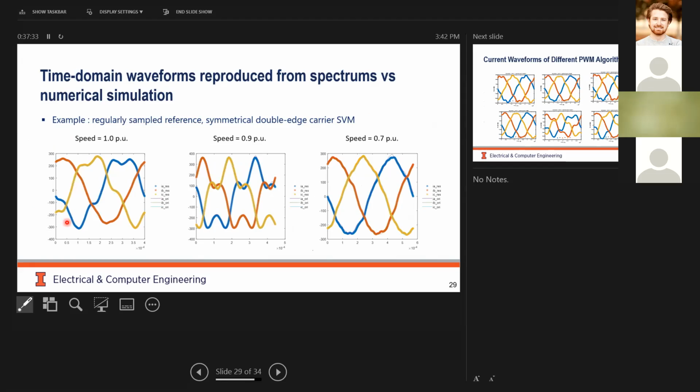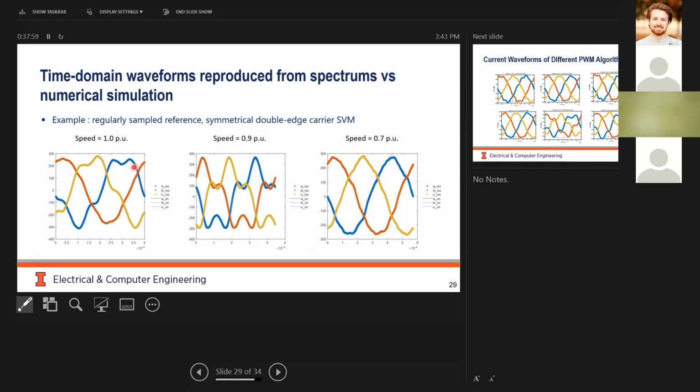And in this slide, we want to do some comparison, see what those current waveforms look like. We got the harmonics, then we can apply an inverse Fourier transform to get the time domain waveforms, right?